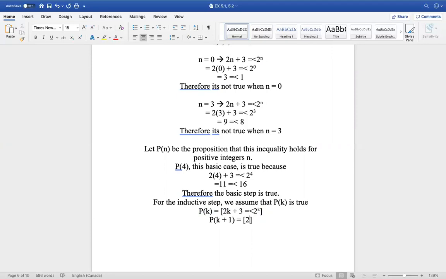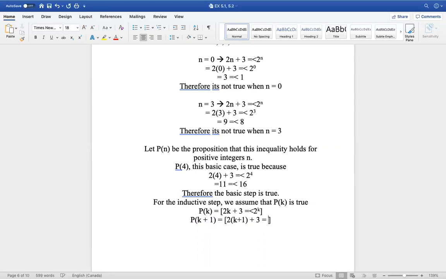So we have this 2K plus 1 plus 3. Right, we're just replacing this K with K plus 1.